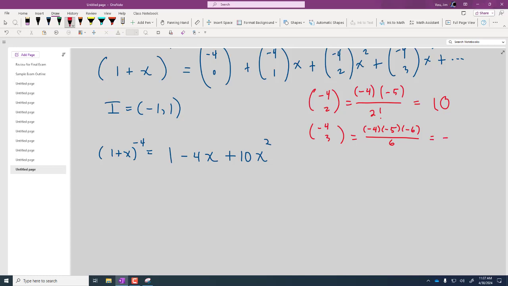So this will be negative 20. It's the same thing as before, times negative 6 divided by 3. One extra term at the bottom, one extra term at the top, one extra factor. So there it is.